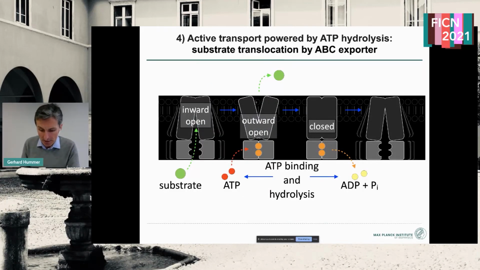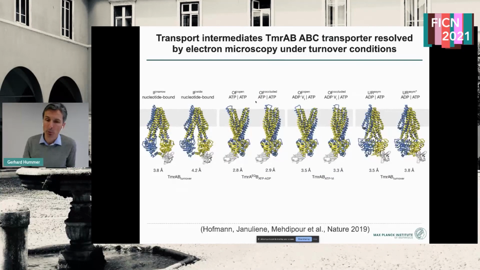So for the last few minutes, I will just skip over some work on active transport powered by ATP, where we look at substrate translocation in an ABC transporter. And here we build on absolutely beautiful work done here at the Institute, when Arne Müller and his group were still here.